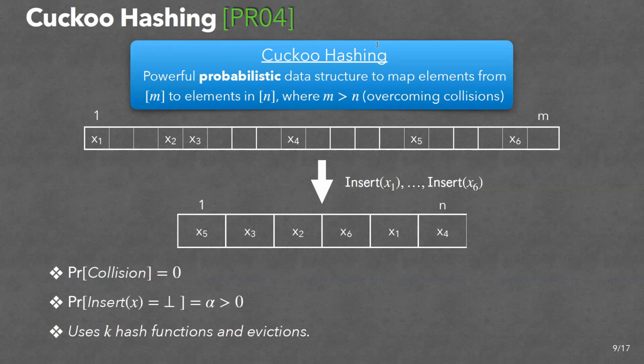It can be seen as a way to hash elements to a small space without collisions in a collision-resistant way. But there is a probability that the element will not find its way in the table, that the element is not going to be hashed, let's say. This probability is typically non-zero, and we'll see how to handle it in our construction, in our scheme. And cuckoo hashing actually uses k normal hash functions and the idea of evictions.